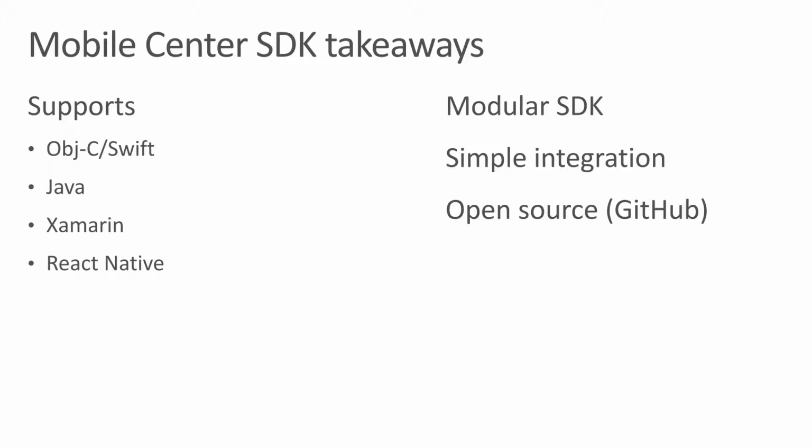They are all modular, so you only need to integrate the services that you want to onboard, and this will help you keep your app size very small. With a simple start call, you get analytics and crashes out of the box. And finally, our SDK repo is open source on GitHub. So check out our code, look into the features and APIs that we offer, and leave us any comments or feedback. Now, Karl will talk in detail about the analytics section.